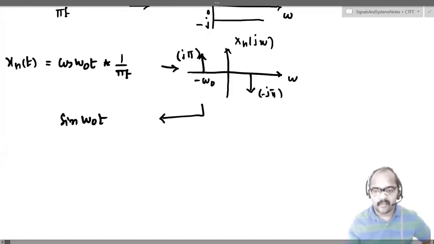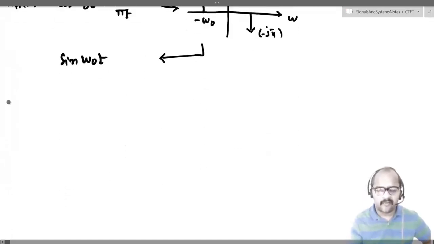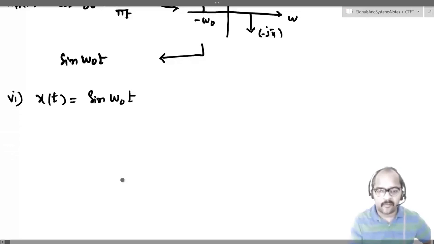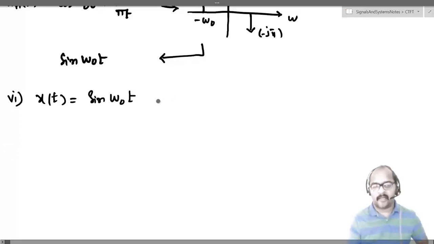Again, I will write down the sixth example. Let us take x of t to be sine omega naught t. We want Hilbert transform of sine omega naught t.